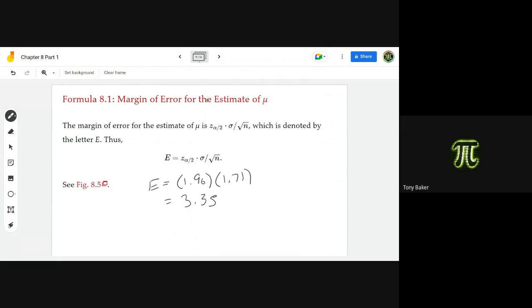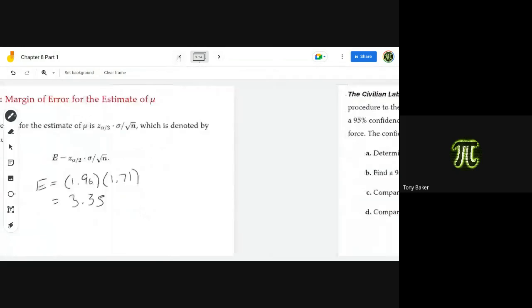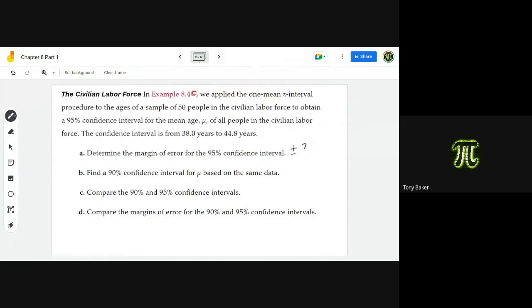All right. So we did the margin of error for 95%. That was plus or minus 3.35. I want you to do the same thing for 90%. Okay, so I'll give you the few numbers that we had. So the mean was, what was it, 41?